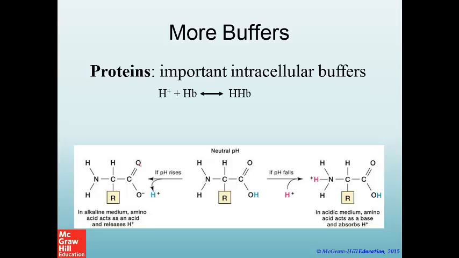Proteins, particularly hemoglobin, in the blood or inside of cells, perform an important buffering function because they have this structure with an amine group and a carboxylic acid group.